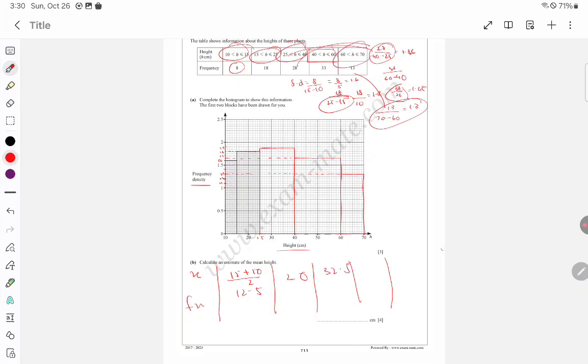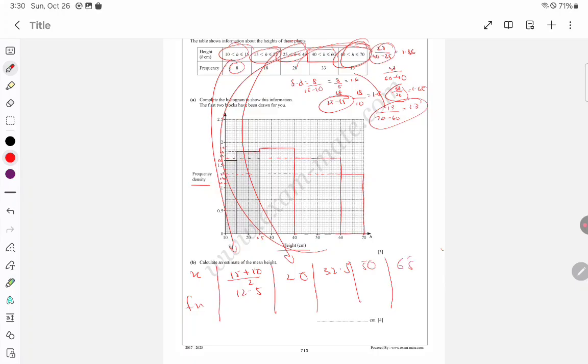And for this, 60 plus 70 divided by 2, 65.